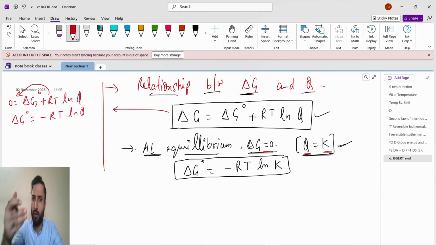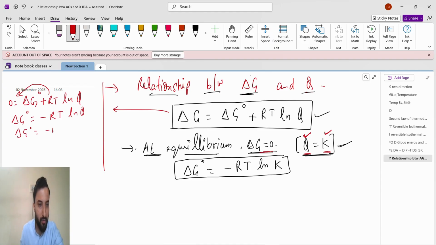At equilibrium we talk about the equilibrium constant. So that's why delta G naught equals minus RT ln K. At equilibrium constant we will write this: delta G naught equals minus RT ln K.